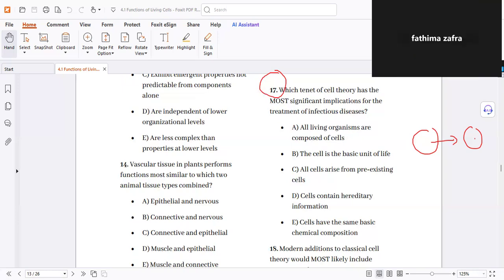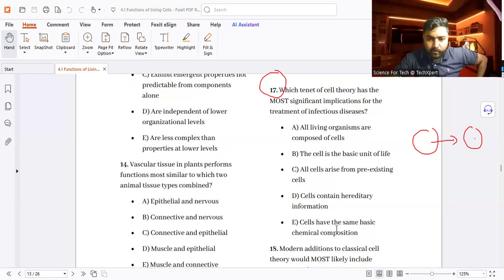So is it the answer E? Cells have the same basic chemical composition. Yes, answer should be E. The reason is this. I asked you to think about COVID. In that COVID virus there were mutations, no?